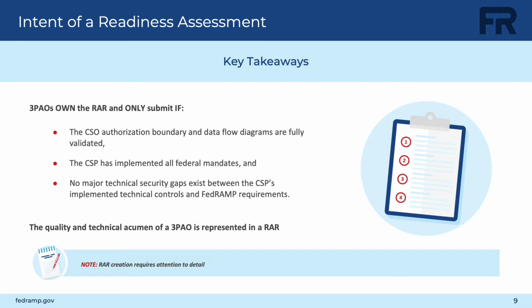Therefore, it's important that the 3PAO submit the RAR only if they have fully validated the following. First, the cloud service offering authorization boundary and data flow diagrams. Second, that the CSP has implemented all federal mandates. And third, that there are no major technical gaps between the CSP's implemented technical controls and FedRAMP requirements.